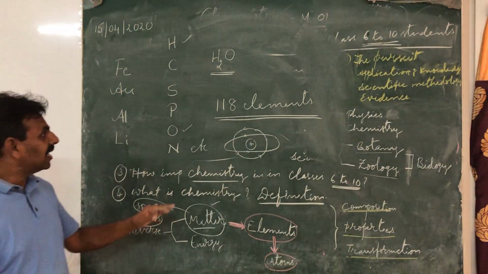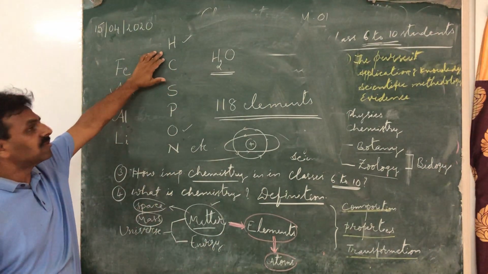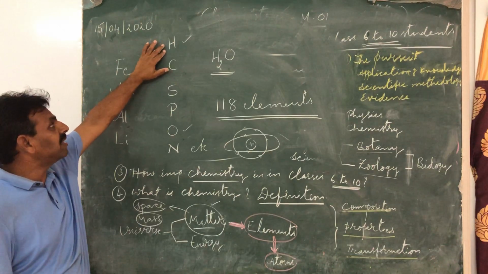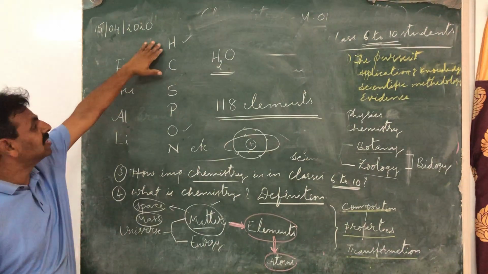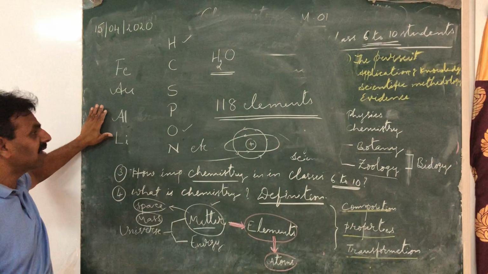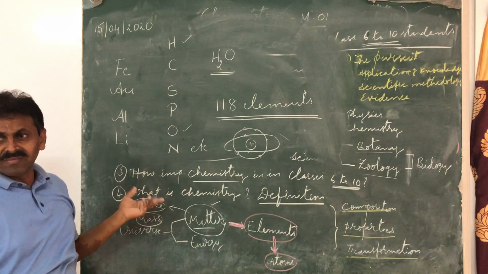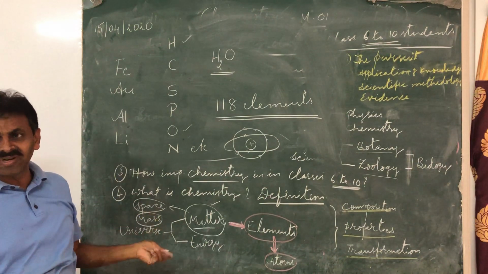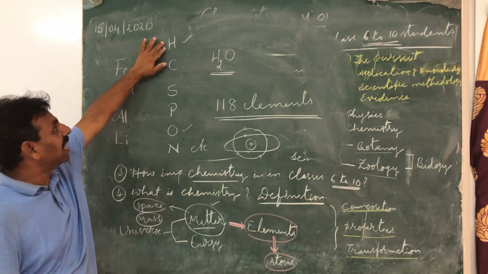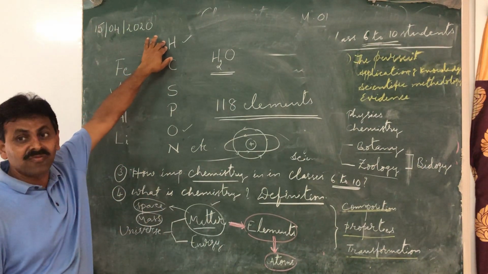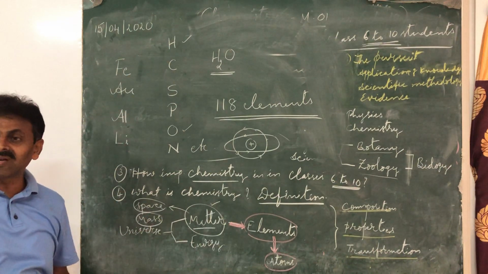So, an element, for example, hydrogen. Hydrogen element, carbon element, sulfur element, these are non-metallic elements, these are metallic elements. You take any one, metal, non-metal, semi-metal, whatever it may be. If I talk about hydrogen element, it consists of what atoms? Hydrogen atoms.